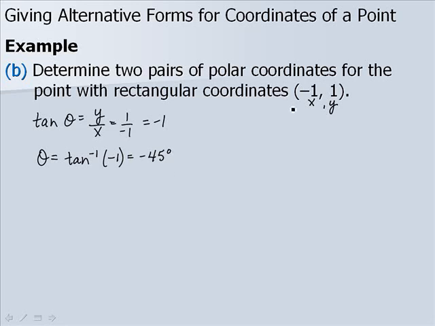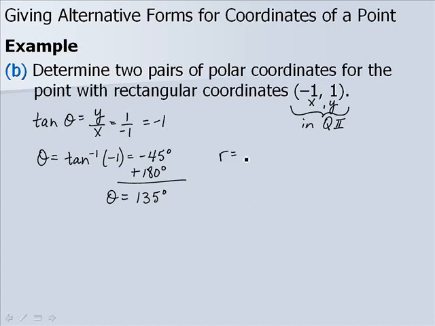Now let's examine this for a second. Our point (negative 1, 1), if you graphed it, would be in quadrant 2. This angle is in quadrant 4, however. So we'll add 180 degrees to it in order to get us over into quadrant 2, and we see that we then have a value of theta equal to 135 degrees.